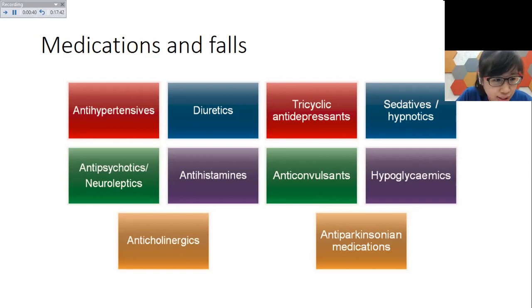Other medications, as listed here, antipsychotics, antihistamine, anticonvulsives, hypoglycemics, anti-Parkinsonism medications, and sedatives can cause drowsiness, affecting the individual's mentation to maintain adequate postural control. Hence, medications are a very high risk of falls and should be reviewed regularly.